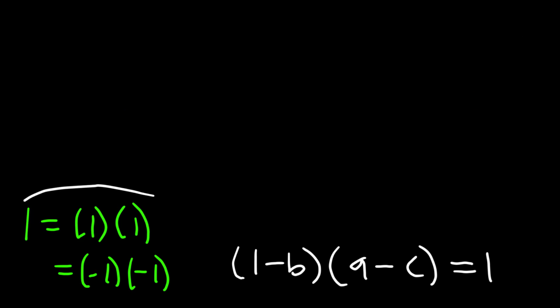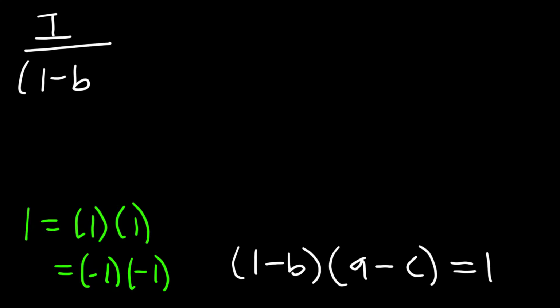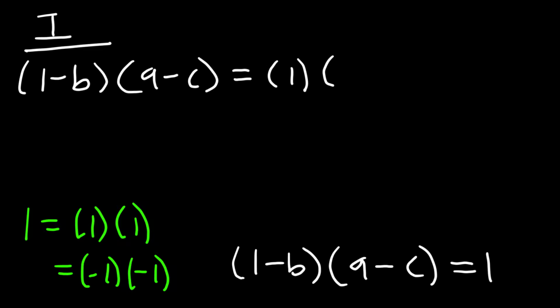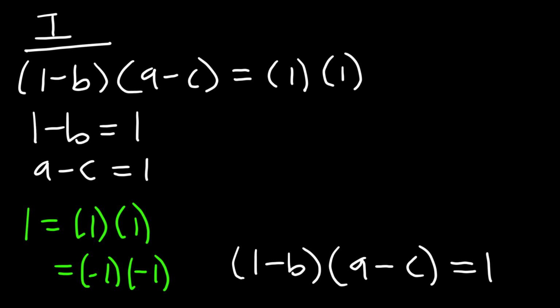Now from the factors of 1 we can come up with two cases. For the first case, we shall have 1 minus b times a minus c, and this will be equal to 1 times 1. If we compare both sides, we shall have 1 minus b equaling to 1 and also a minus c equaling to 1.